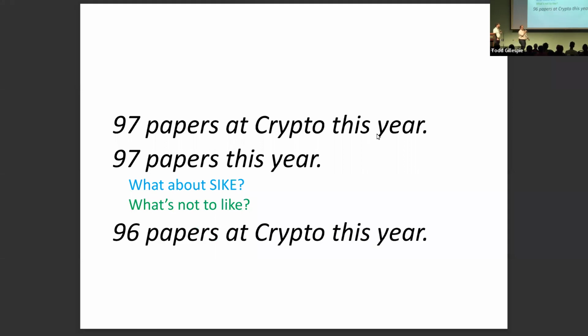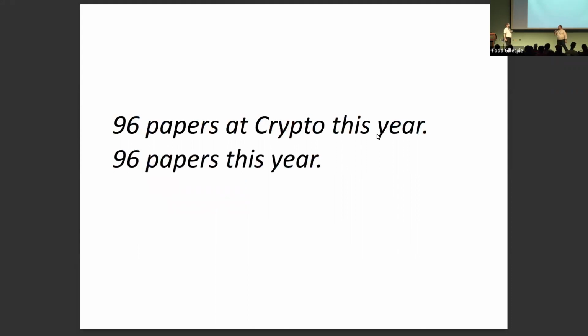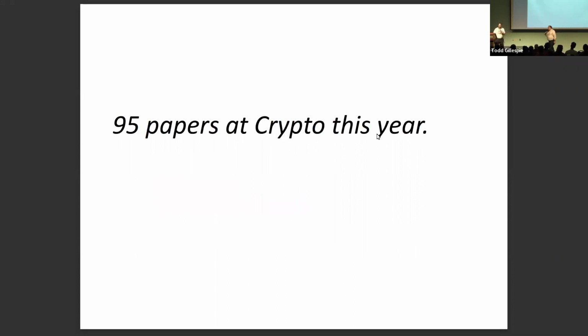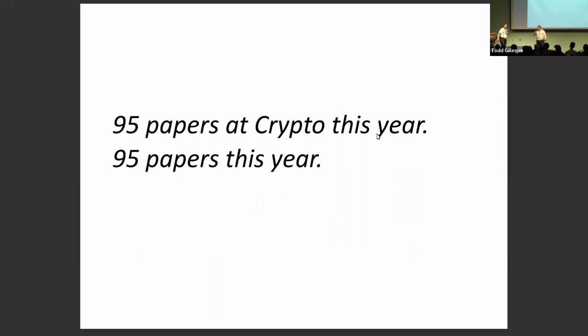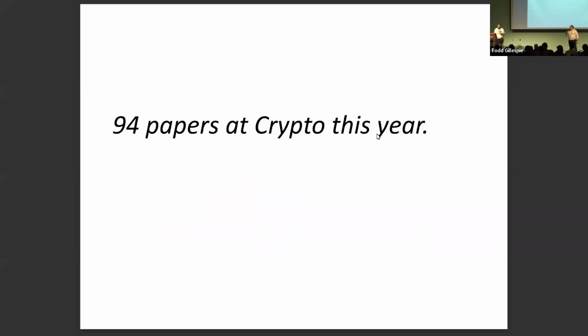Oh. 96 papers at Crypto this year. 96 papers this year. No vaccine card? From Crypto, you're barred. 95 papers at Crypto this year. 95 papers this year. Drink wine from Napa. At Kappa. 94 papers at Crypto this year. 94 papers this year.